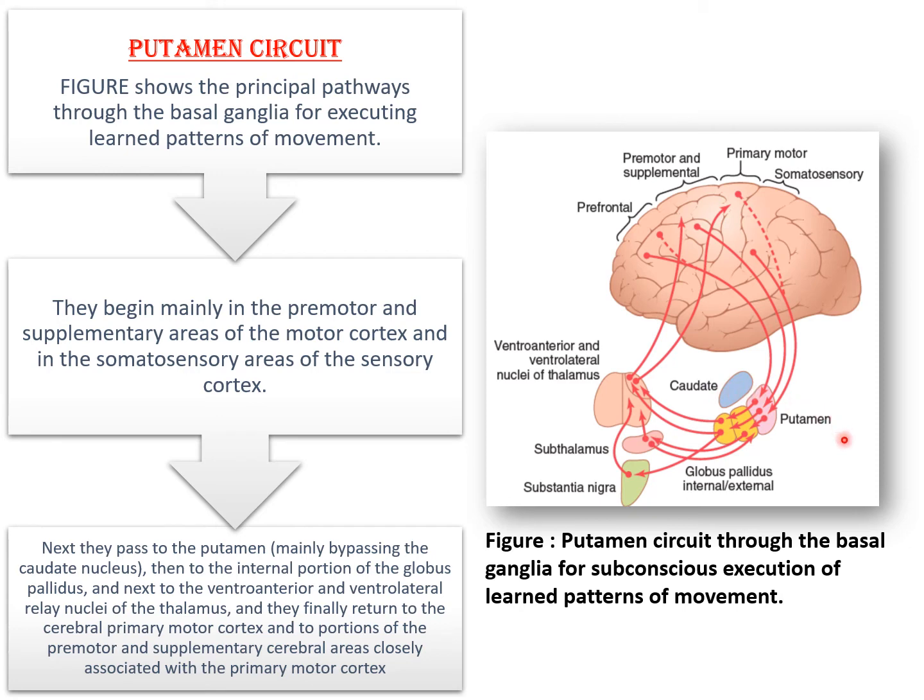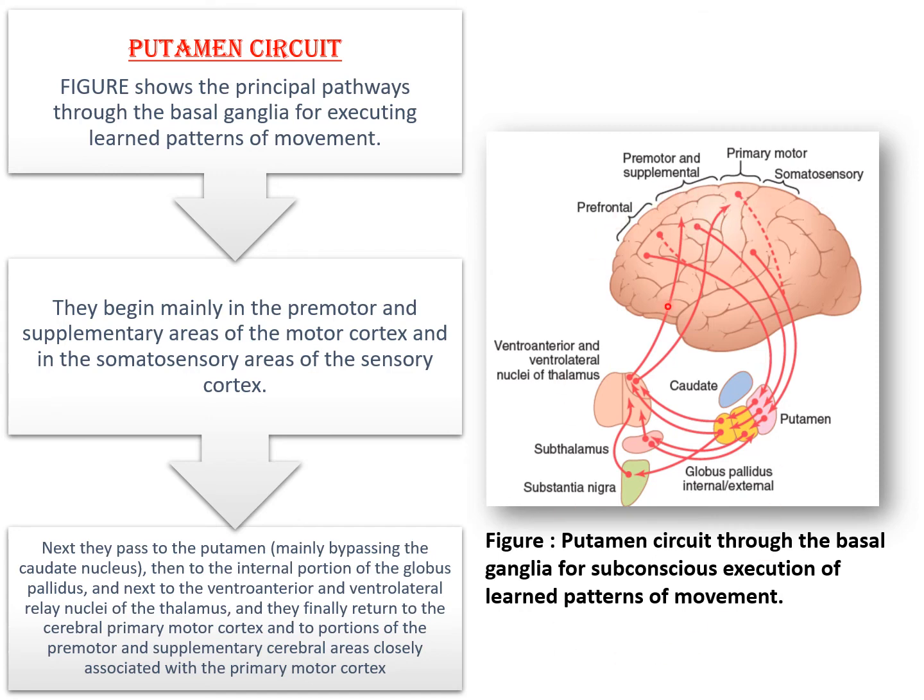Then to the internal portion of the globus pallidus and next to the ventroanterior and ventrolateral relay nuclei of the thalamus, and they finally return to the cerebral primary motor cortex and to the portion of the premotor and supplementary cerebral areas that are closely associated with the primary motor cortex.